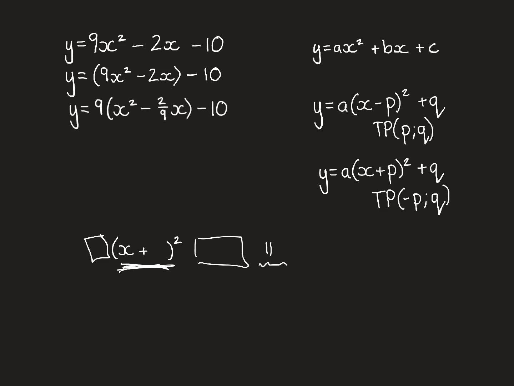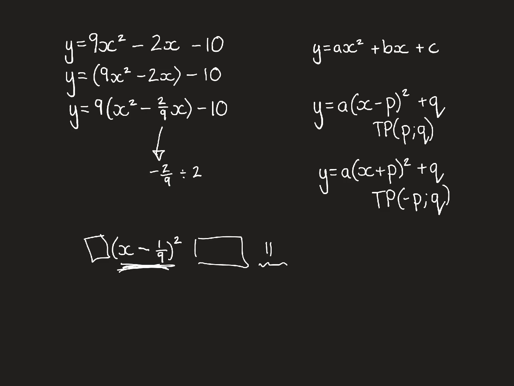And the reason why it's not unmanageable is because I know whatever the coefficient of x is, in order to get that value over there, I just have to divide it by 2. So let's do that. I've got negative 2 over 9, and I'm going to divide it by 2, which means I'm going to have negative 1 over 9.